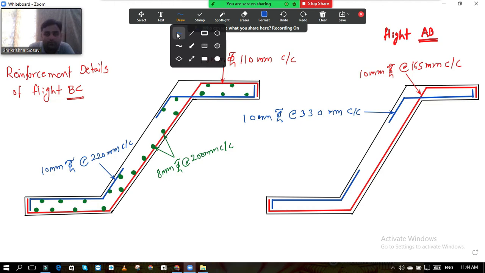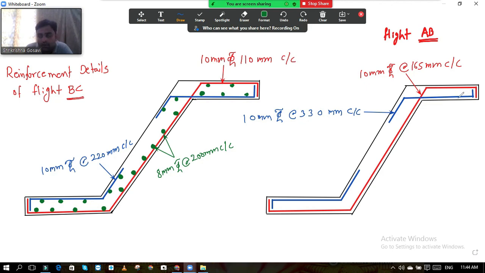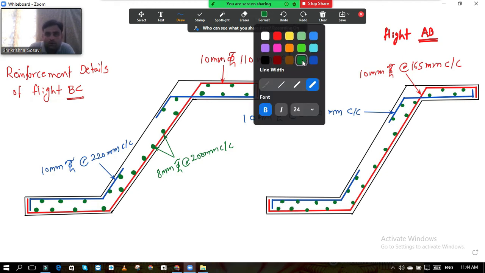And finally, we will provide the distribution steel. Here we are going to provide the distribution steel bars. So these are the distribution bars.